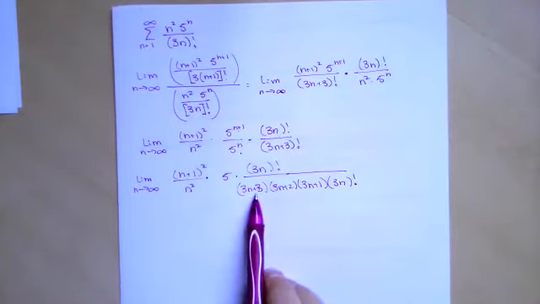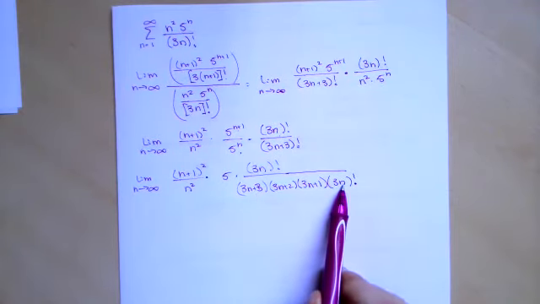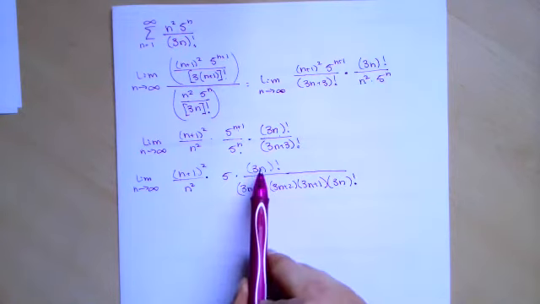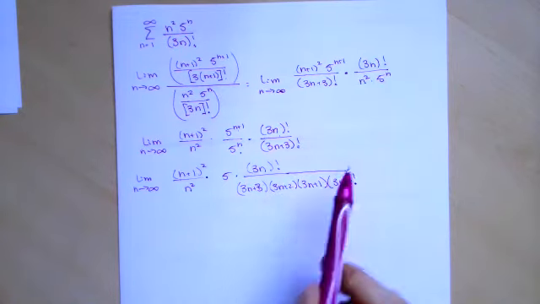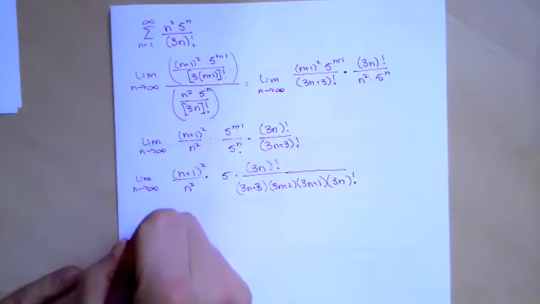So try to get used to factoring factorials. I just factored out these first 3 terms, and then the rest of the terms are 3n, 3n minus 1, 3n minus 2, which would be exactly the same as the numerator. So how is that going to simplify? What are we left with?